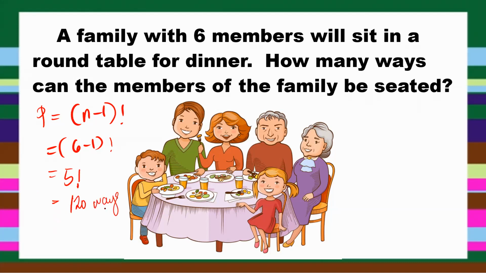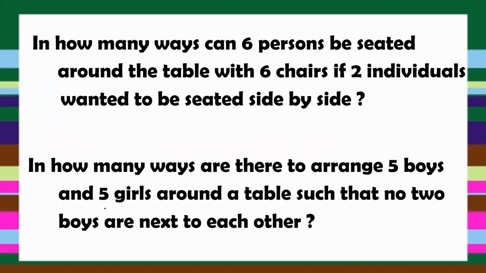Okay. Natingnan natin kung meron ba ditong restriction or kaya mo condition. How many ways can 6 persons be seated around the table with 6 chairs if 2 individuals wanted to be seated side by side? So kung 6 sila, and the 2 must or want to be seated together or side by side.